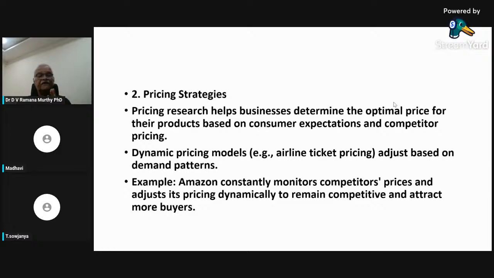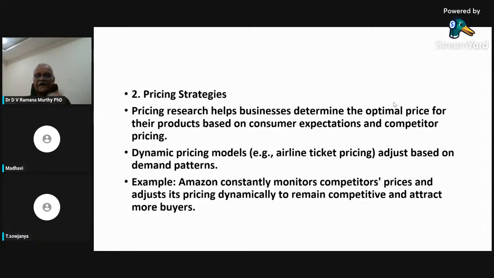Then only we have an advantage. That's about the product. You can offer a product and a price. You can go in for dynamic pricing models, because price research helps businesses to determine the optimal price for their products. You just see what happens.